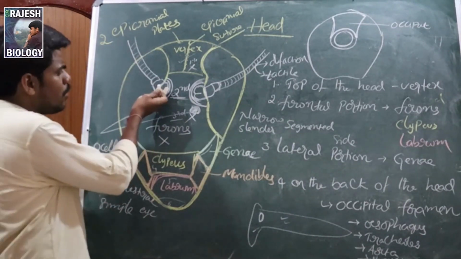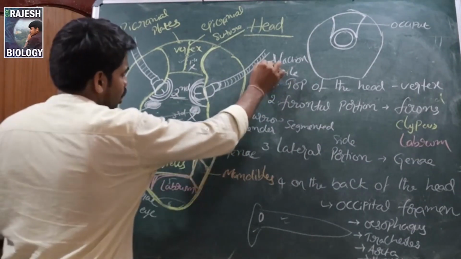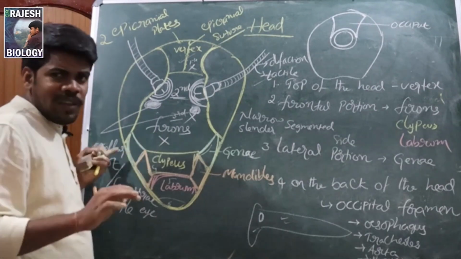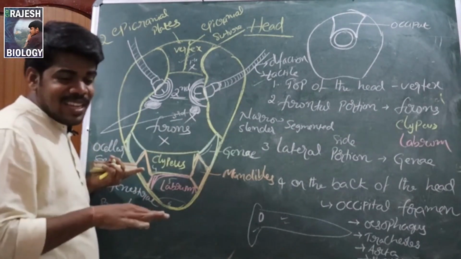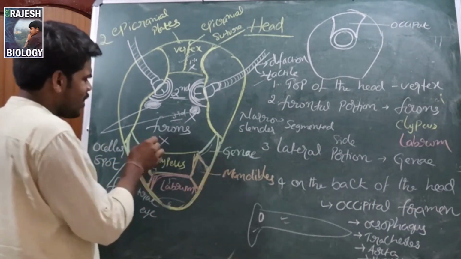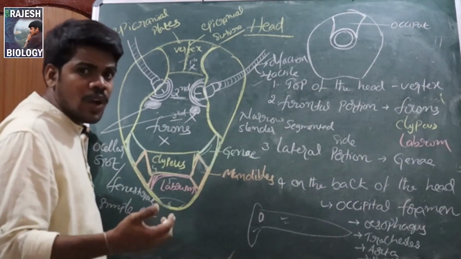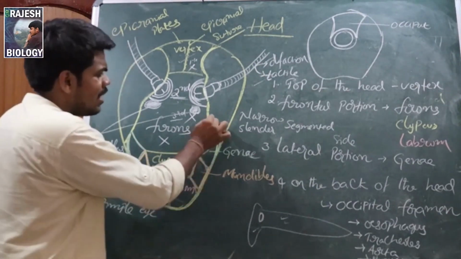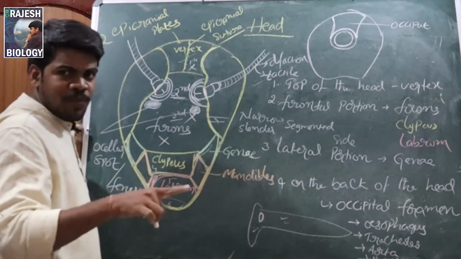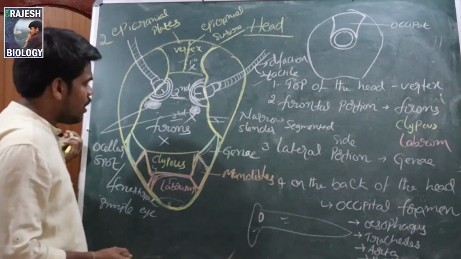Next, come to the antenna. Antenna are tactile in function and olfactory in function. Don't worry, we will discuss the eyes in the nervous system chapter, in the sensory organs system, when we discuss the sensory structures of the cockroach. In that, we will deeply discuss the ommatidia structure also, which is very important for public examinations.